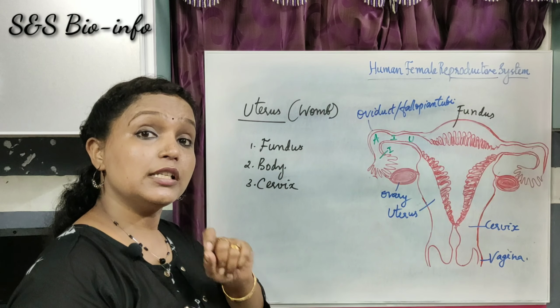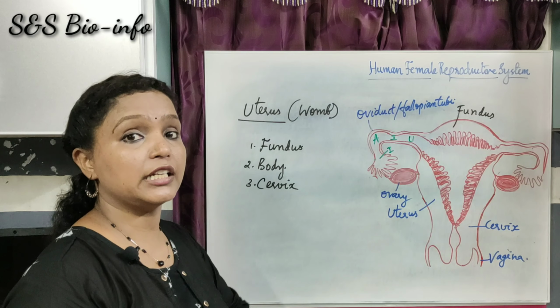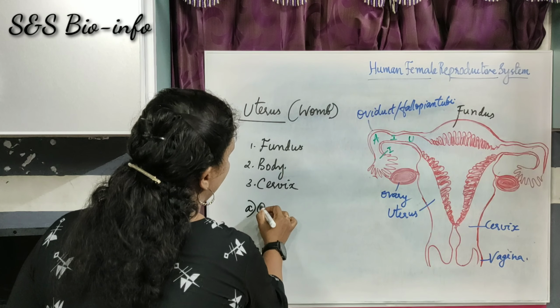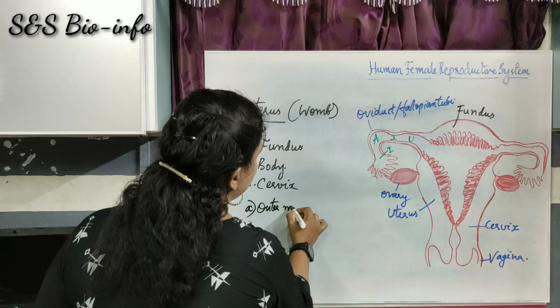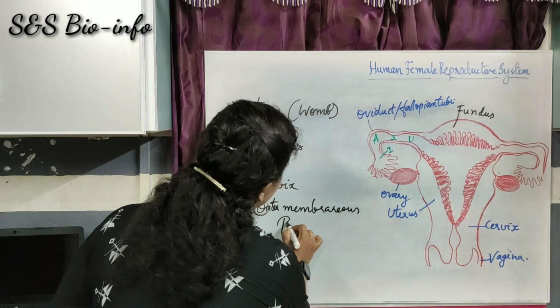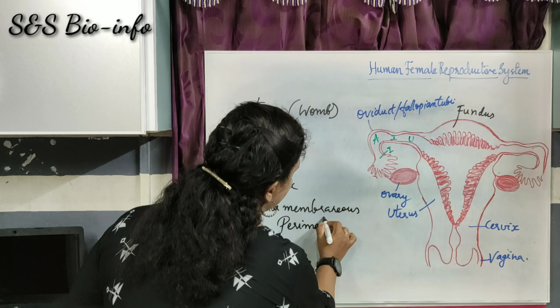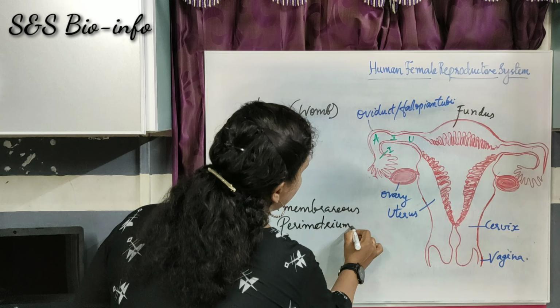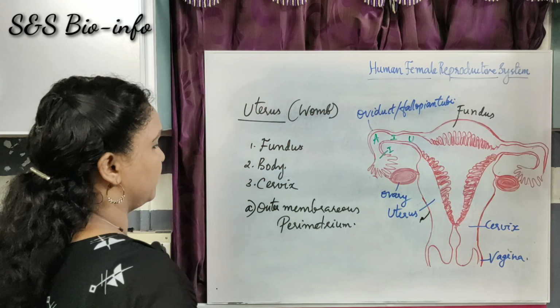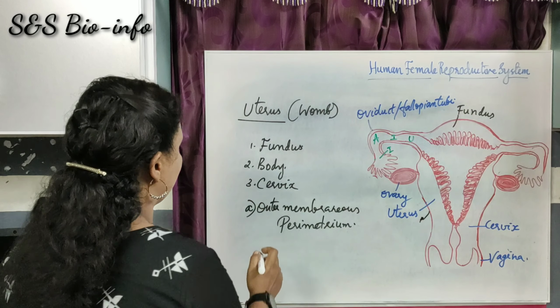The uterus is made up of 3 layers of tissues. Those are the outer membranous perimetrium. It is protective in nature.